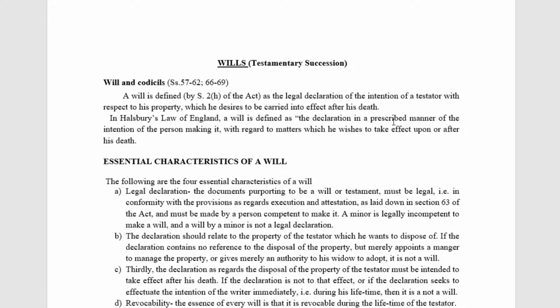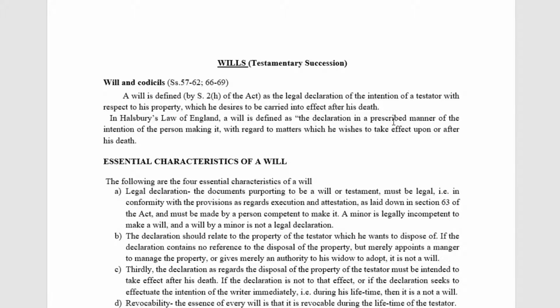That is the first thing. And he has said with regard to the devolution of property, that means how the property should be devolved. That is the second important thing. And next is the intention of a testator with regard to the devolution of the property. It may be after his death or her death, because in law 'he' includes 'she'.